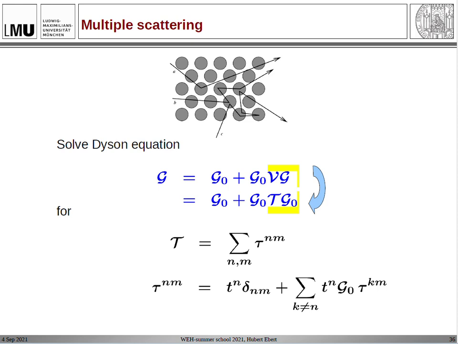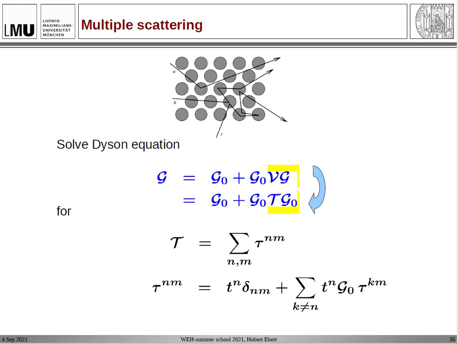Now for the total system we look at, I don't say solid, just system, because it doesn't have to be periodic, it doesn't have to be infinite, it can be whatever you want. And this is the corresponding T matrix, and what we do is we introduce this, what you heard before, expansion in terms of the scattering path operator.